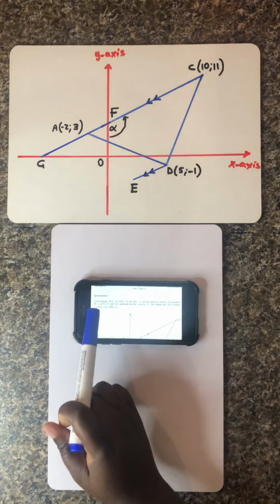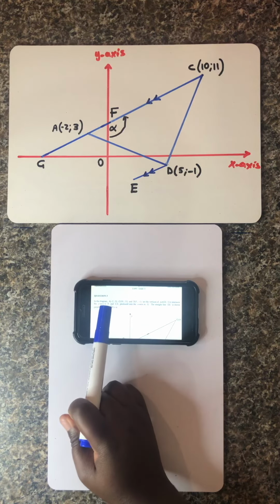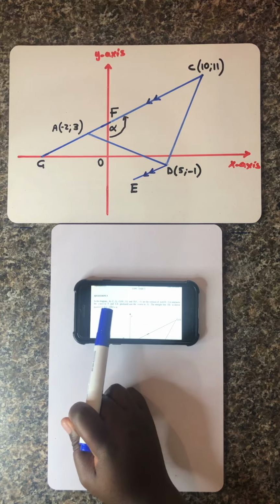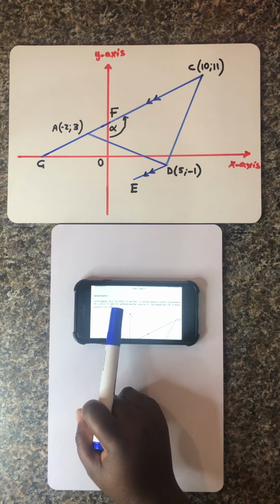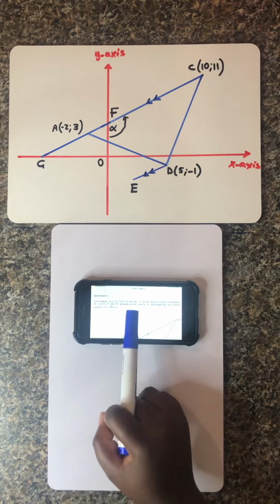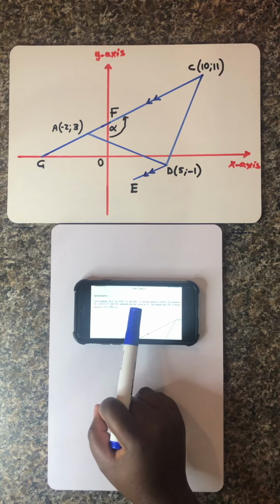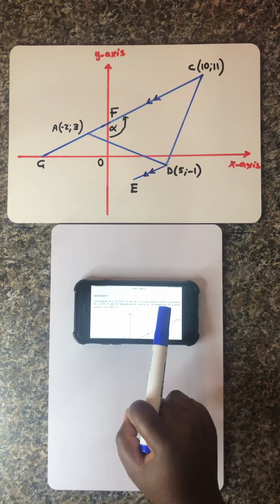In the diagram, A (-2; 3), meaning the coordinates of A are -2 and 3, C is (10; 11), and D (5; -1) are the vertices of triangle ACD.